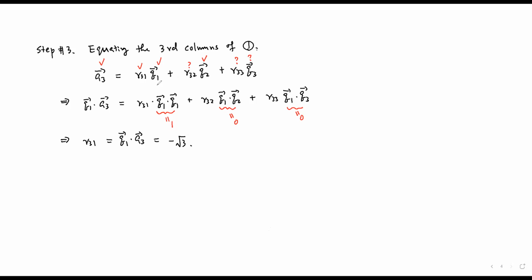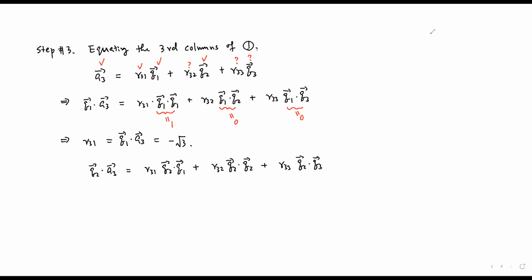This time, I take the inner product on this equation with Q2. So Q2 dot A3 is equal to R31 Q2 dot Q1 plus R32 Q2 dot Q2 plus R33 Q2 dot Q3.